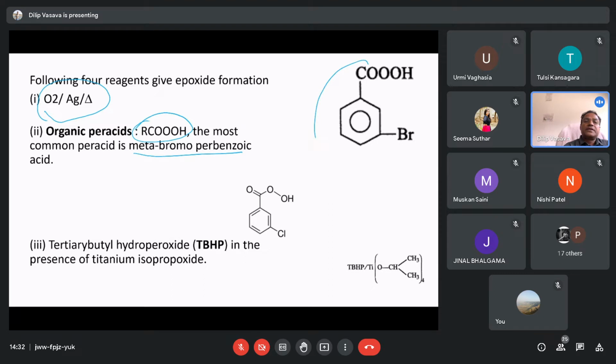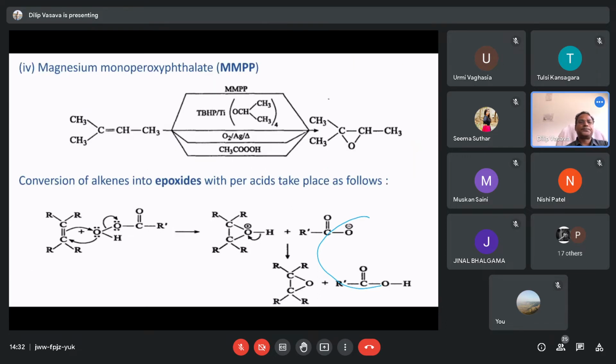All these types of acids give the oxidation and form the epoxide. Then tertiary butyl hydroperoxide, TBHP, this is its structure, is also considered an epoxide-forming oxidizing agent.